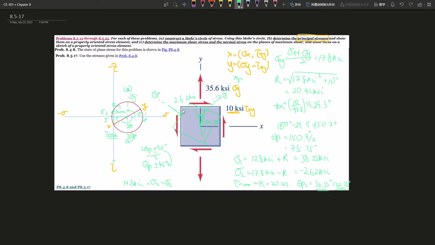So the square would be something like this, with x and y being 17.8 and 17.8, and the shear maximum is going to be what we calculated to be 20.42 ksi.